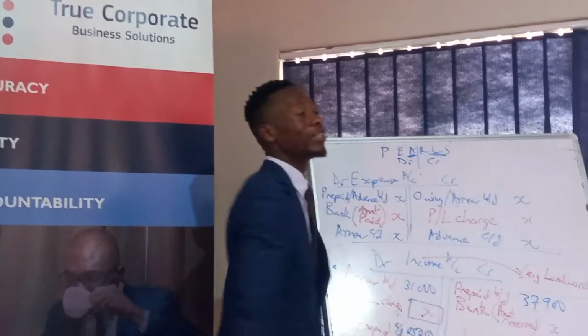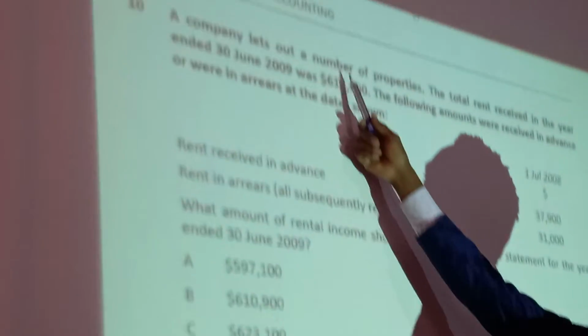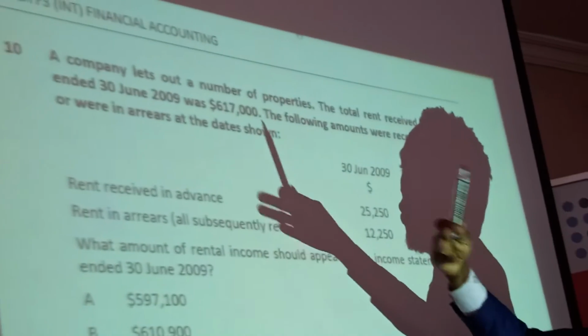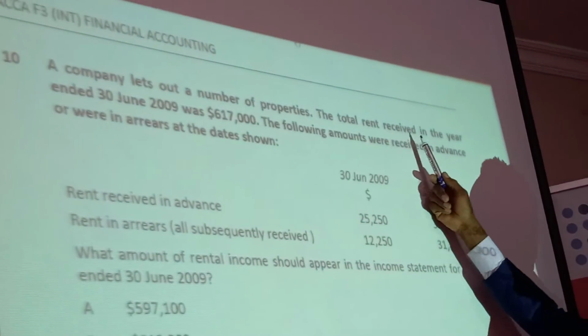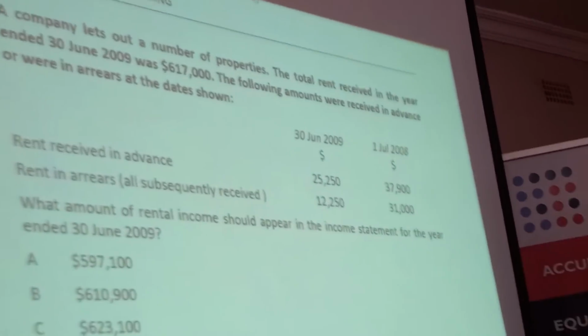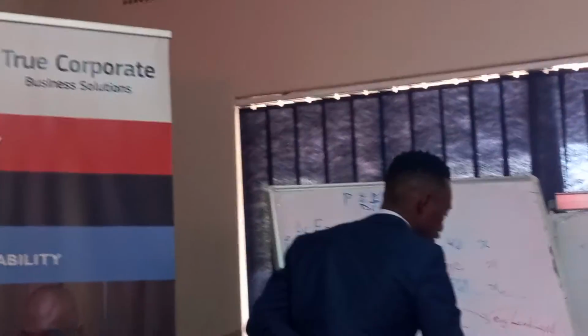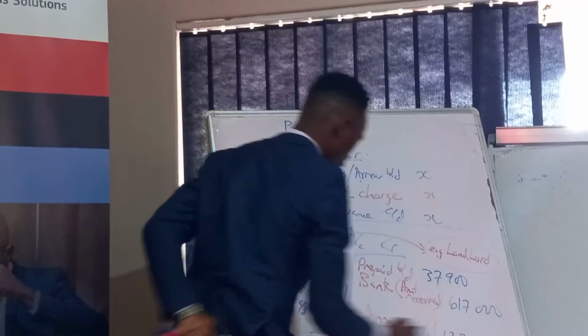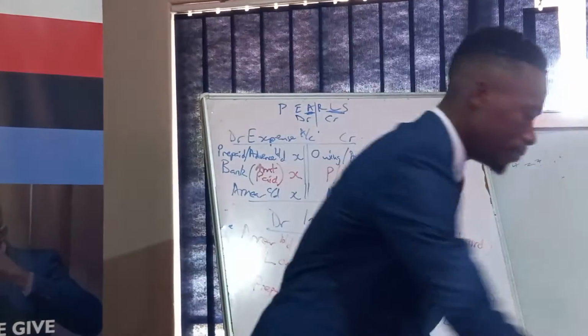So obviously you'll be given the bank. Let's read. A company lets out a number. We are renting, we are letting out. The total rent received, we have received 617. That one goes into the bank. Amount received 617 here. Then you calculate the balance here.